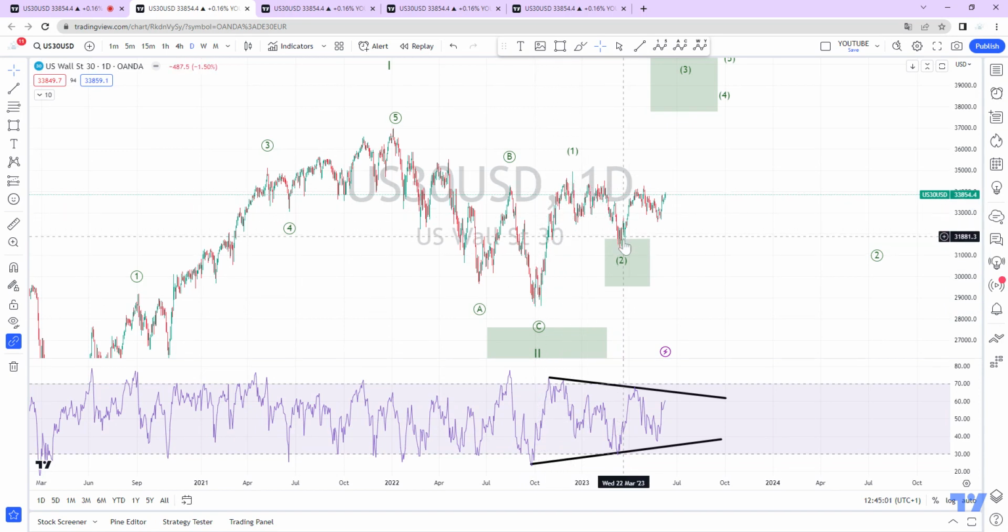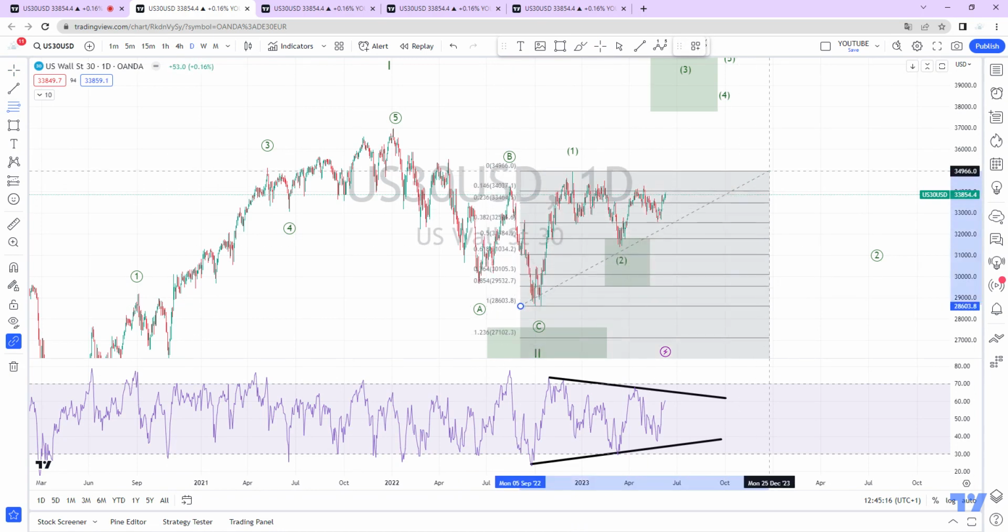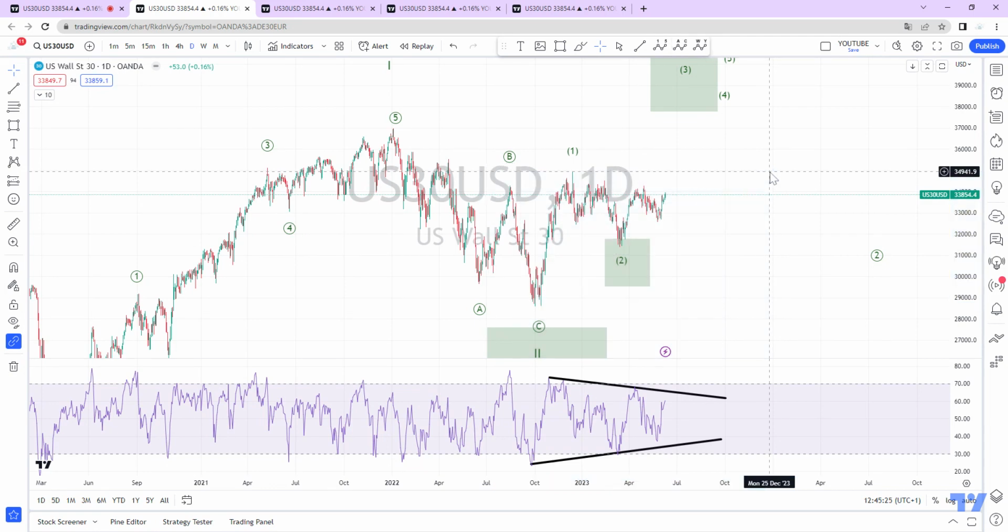And so now it also looks like we already had our wave 2 correction in a lower degree. We fulfilled the minimum requirement. So we reached the 0.5 Fib retracement. But again, we will only know for sure if we take out this high here.